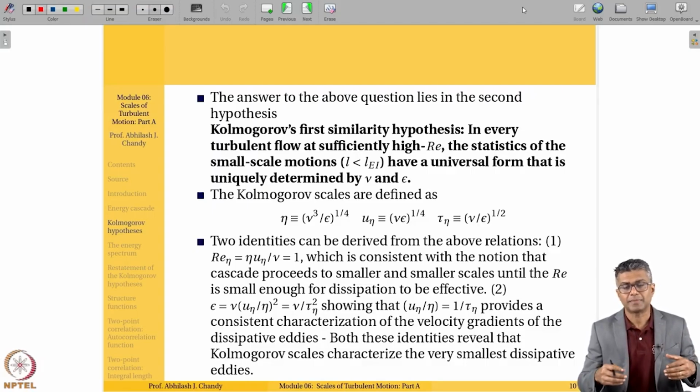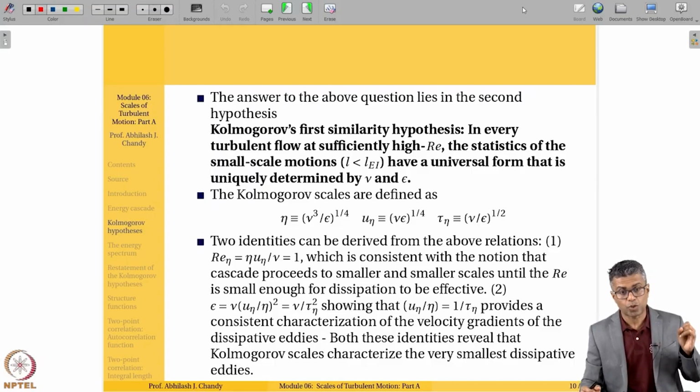So that basically indicates that the Reynolds number associated with the Kolmogorov scales is very small, right? Sort of the smallest natural number, 1. Now that's one thing.